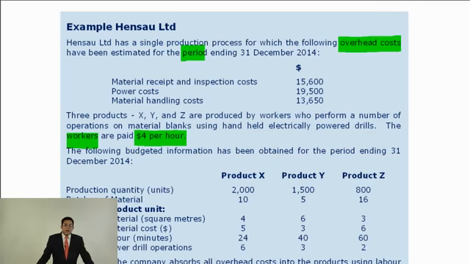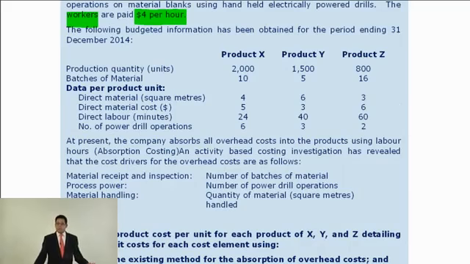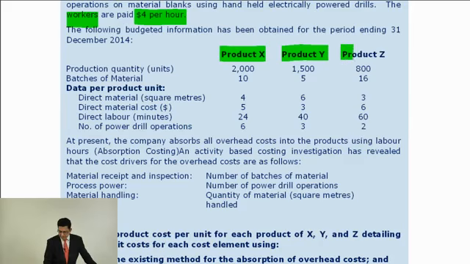Okay. The following budgeted information has been obtained for the period ending 31st of December. So some more details about the products. There are three products X, Y and Z. And they given us the details: production quantity in units, how many units we are going to produce, batches of material, how many batches of materials we will get for X, Y and Z, and then they given us data per product unit.